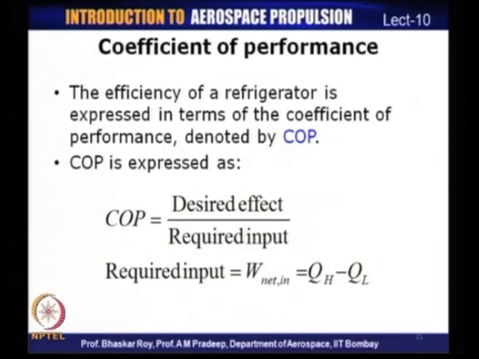COP is defined as the ratio of the desired effect to the required input, and we have seen that the required input is W net in, which is the difference between QH and QL. So, W net in is QH minus QL, and the desired effect changes depending on whether it is a refrigerator or a heat pump.